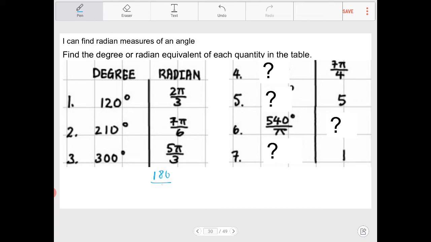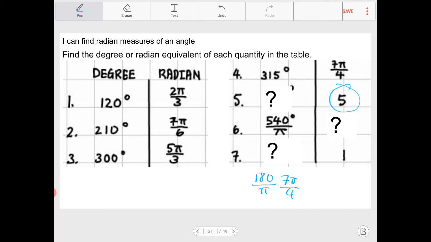If I do 180 over pi times 5 pi over 3, I immediately see that the pi's cancel, the 3 and the 180 cancel to get me 60, and in fact I will get 300. Next, I'm trying to convert 7 pi over 4 into degrees. I should end up with 315 degrees, because of 180 over pi times 7 pi over 4, and again I will get 315.